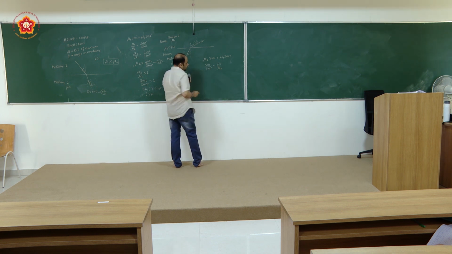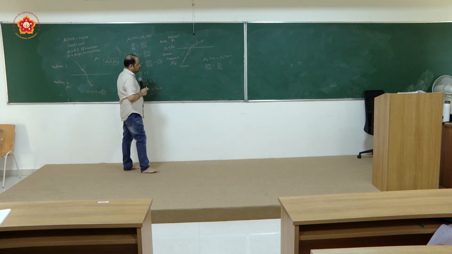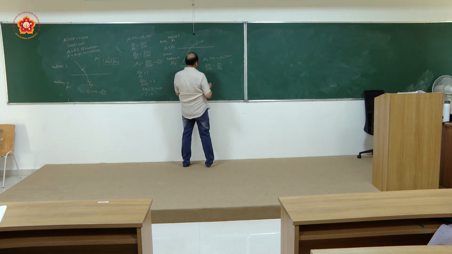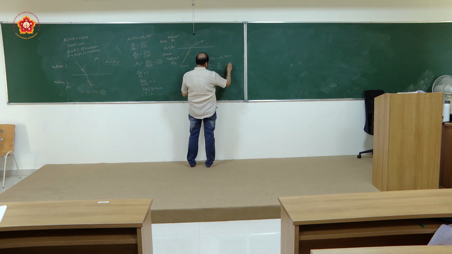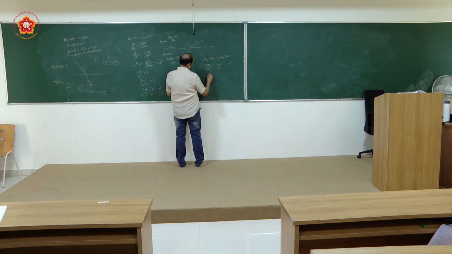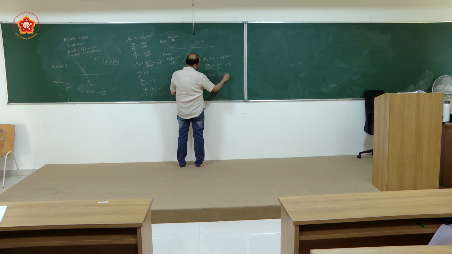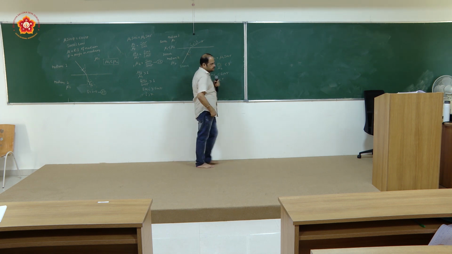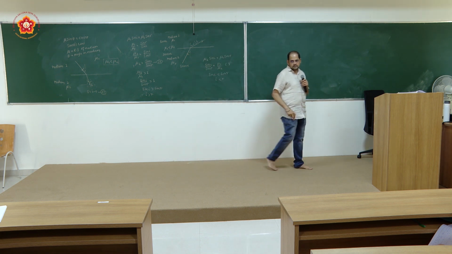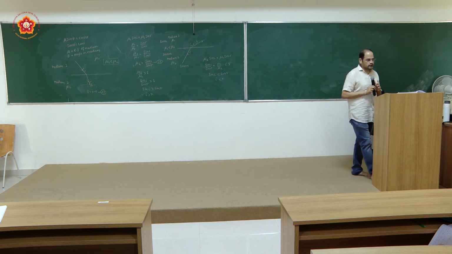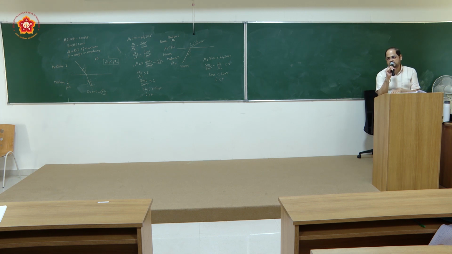Am I right or wrong? So from this part, mu1 is less than mu2, so this will be less than 1. So in this case, sine of I will be less than sine of R. So you will be having angle I less than angle R. You can check the picture. You will be able to see that the angle of incidence is less than the angle of refraction.